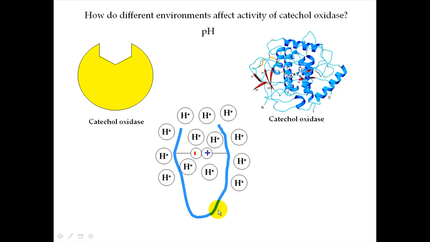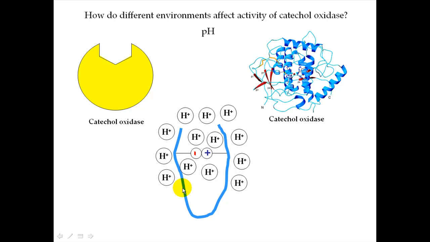And so the thing to think about is this: will this negative portion of the molecule be as likely to bind this positive portion of the molecule if this negative now has a whole bunch of other choices as far as positive things to bind to? So if something is really acidic, think about how or if that would affect the ability of this protein to fold in its normal way.